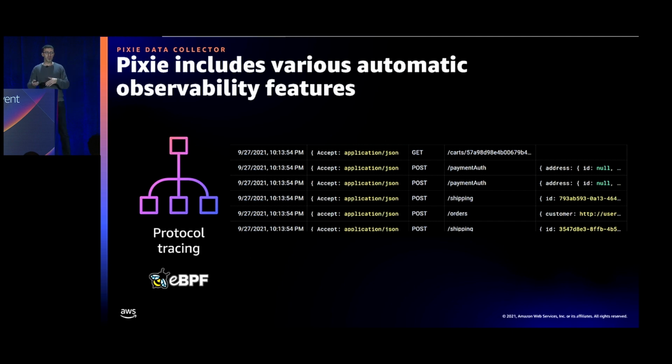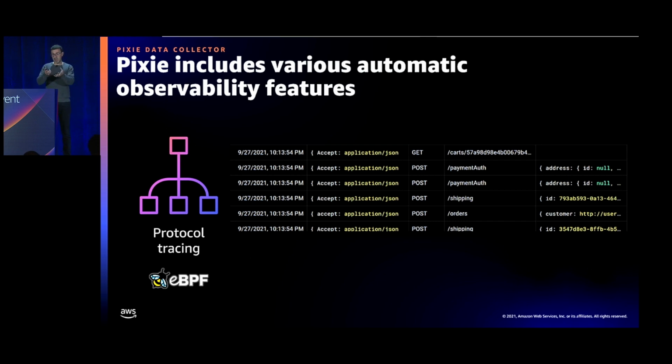You can search for HTTP response codes that look like errors, or you can search the body for some particular tag within the message. You can do whatever you want. But under the hood, it's eBPF that's snooping all this data and populating the table so that you can see what's going on in your cluster and in your application.